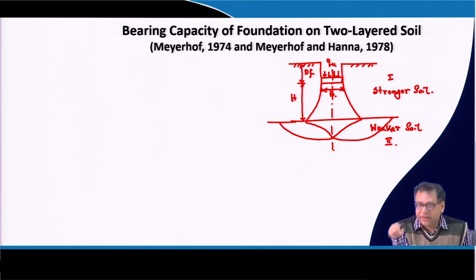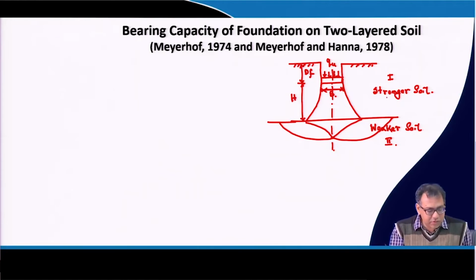The foundation is going down and it is basically punching, so there will be a punching type of shear failure in the stronger layer, because your weaker layer, which is a very low strength layer, will fail. So, the total system will try to sink. That is why this type of failure surface is proposed.